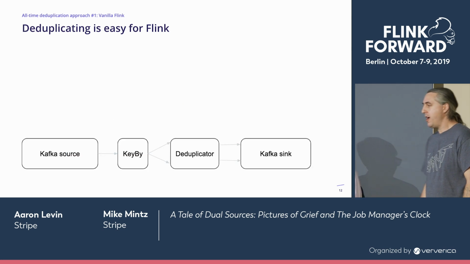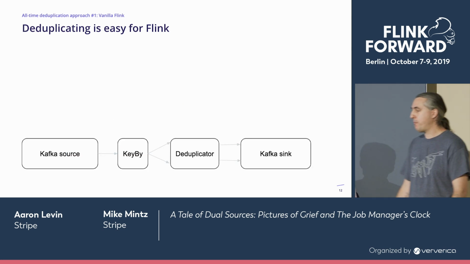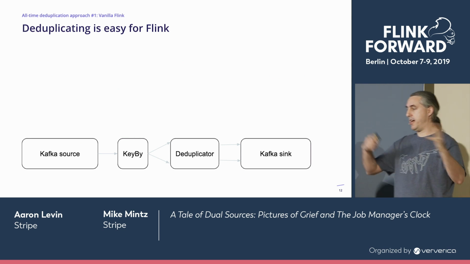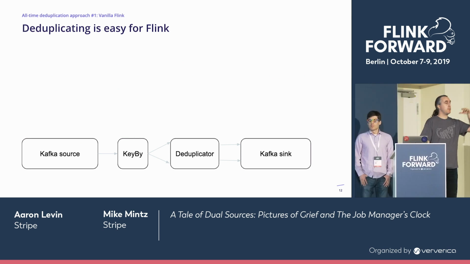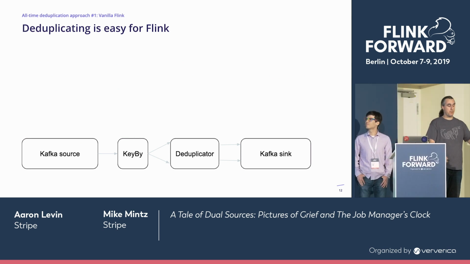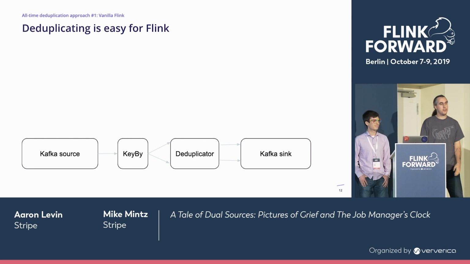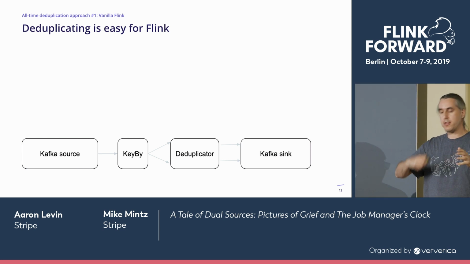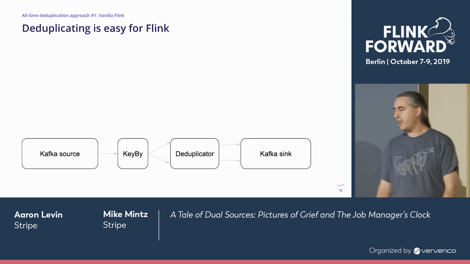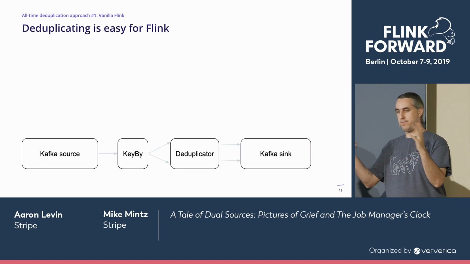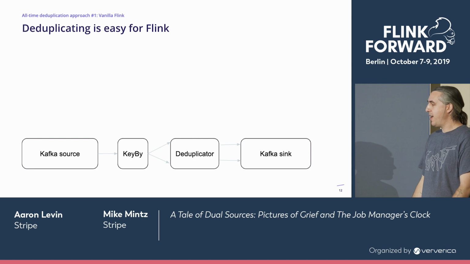So, if we want to use this operator in a Flink job, we simply need to put it between a source and a sink. Specifically, we have a Kafka source full of a topic with ledger events. We key the ledger events by their ID so that the events with the same ID go to the same subtask of the deduplicator, and then we deduplicate them using the code you saw in the previous slide, and finally sink them into a new Kafka topic with the deduplicated event stream.